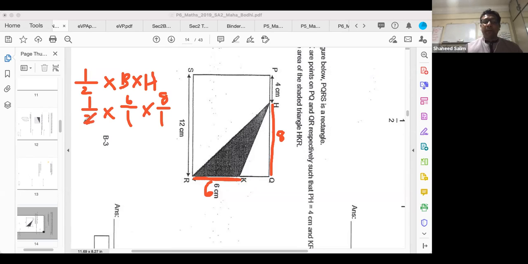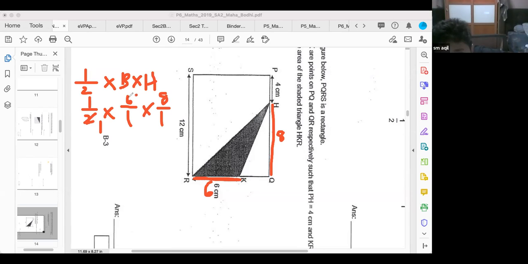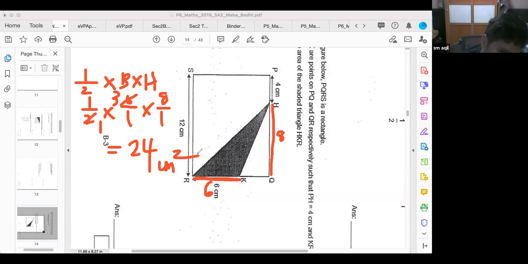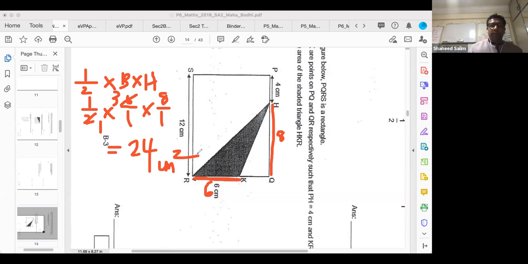So you cancel one of them and divide by 2. Divide by 2, you get 3. So the final answer is 3 times 8. You can see sometimes you need to turn your exam paper around for you to be able to see better.